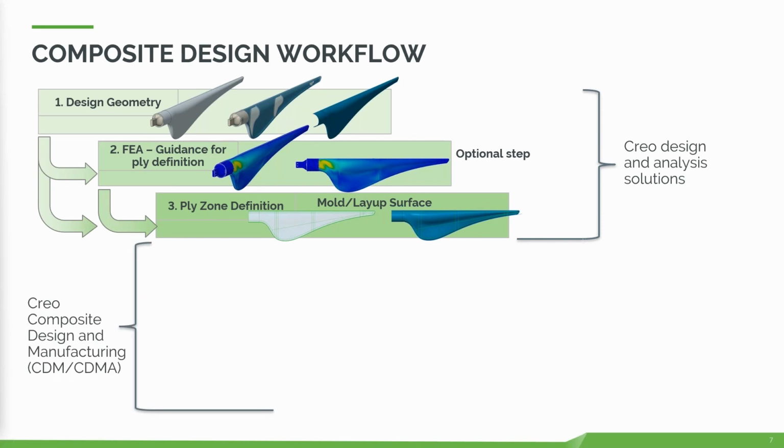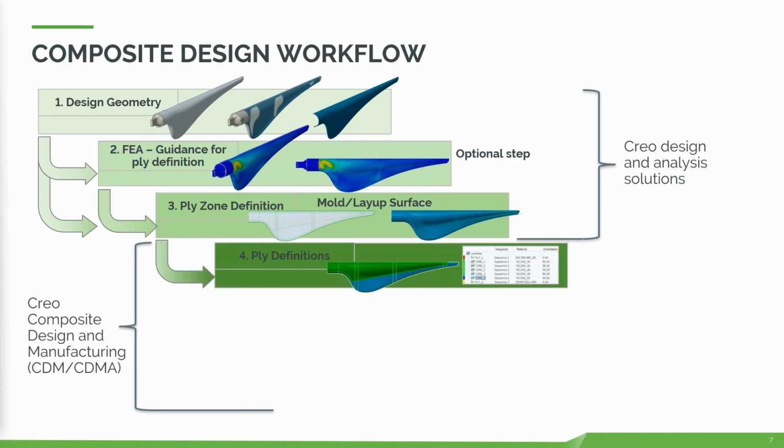Where we add to that is now with the CDM or CDMA modules. With those, we can start to define our actual ply definition. We've got the zones defined, but now we can define our ply and core materials, layup surfaces, rosettes, and then start applying all of that to the different ply zones.